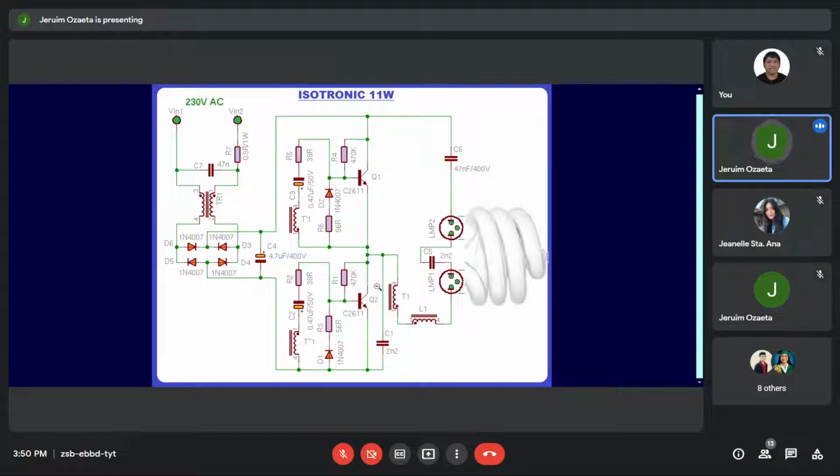Kasi pag nag-short circuit yan, i-discharge yung C1. At itong C1, pag di-discharge mo ito close to dito, ito momentarily magiging negative ito. O sa magiging negative din yun, ang mangyari kapag negative yun, gano'n na, ito din mag-operate.